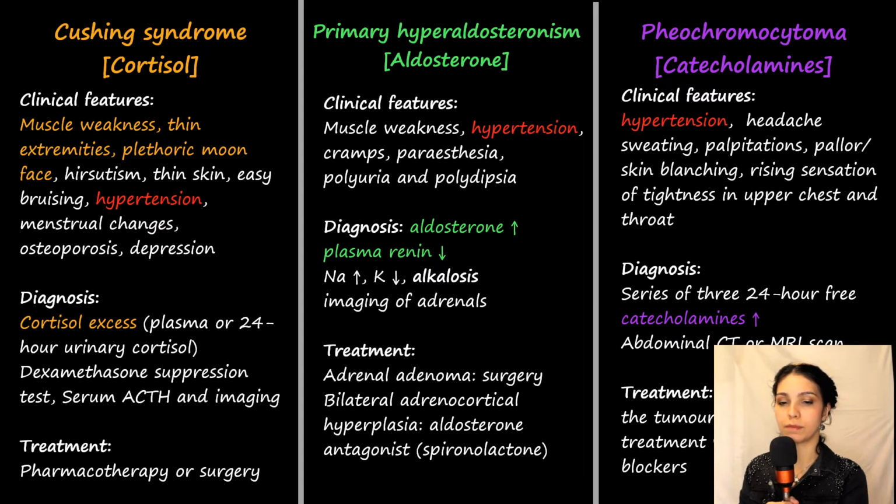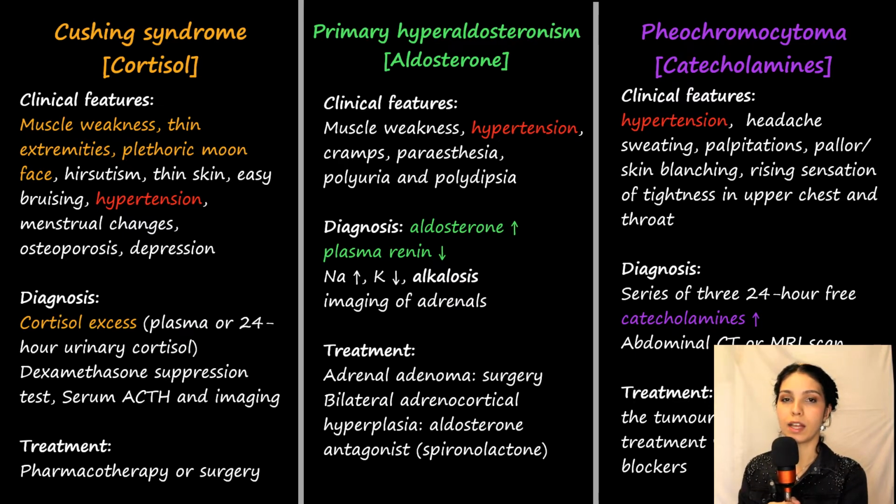Clinical features: these patients are usually asymptomatic and hypertensive, and any symptoms they have are due to hypokalemia. It's weakness, cramps, paresthesia, polyuria, and polydipsia.